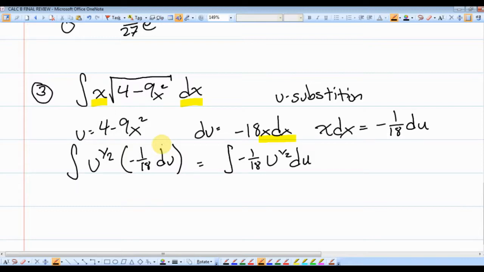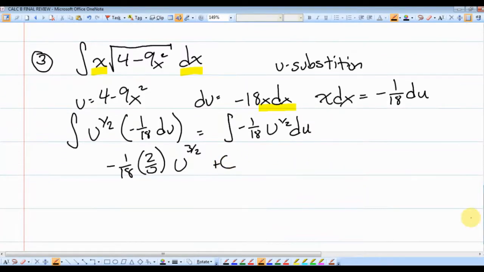Reciprocal of 3/2 is 2/3. 2/3 times 1/18. You know what? I'm not going to do that in my head. Negative 1/18 times 2/3 u to the 3/2 plus c. Okay, so factor that, it's a 9, negative 1 over 27. And of course u was 4 minus 9x squared.